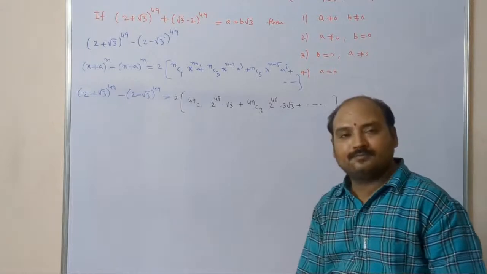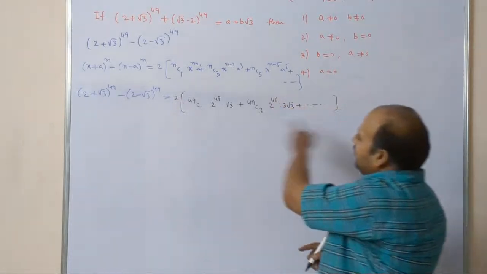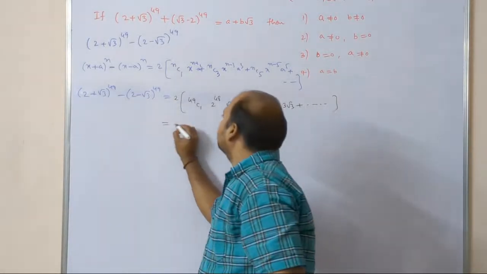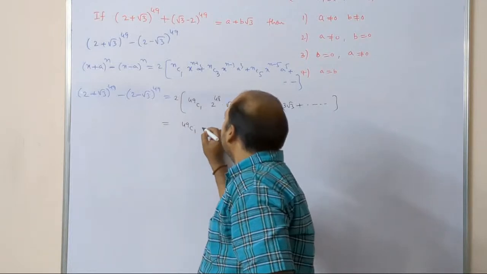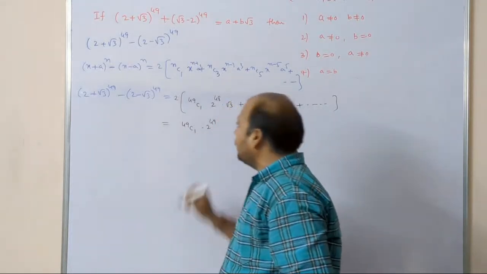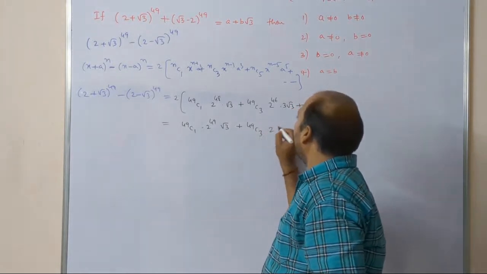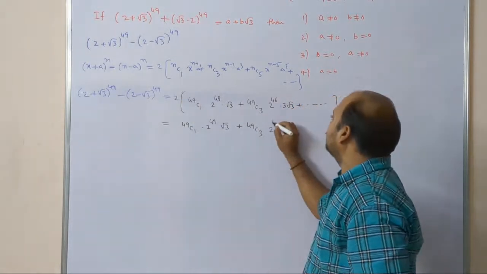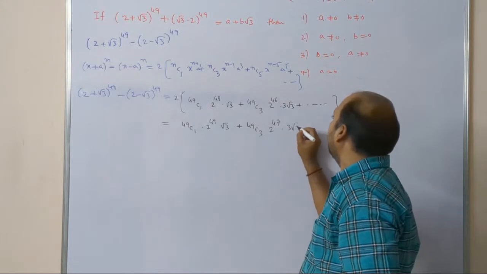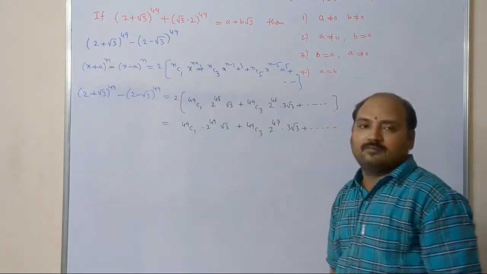Multiplying every term with 2, what comes? 49C1 2 power 49 into root 3, 49C3 2 power 47 into 3 root 3, plus and so on.